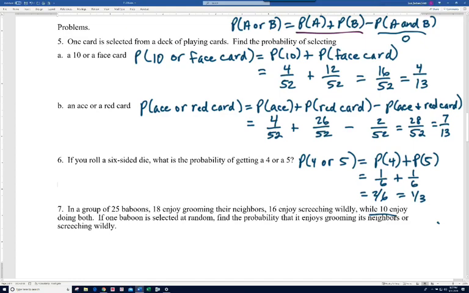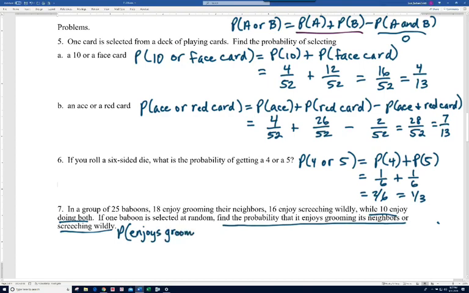So notice it is possible for both events to occur. We're supposed to find the probability that it enjoys grooming its neighbors or screeching wildly.